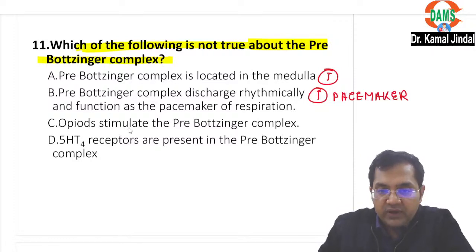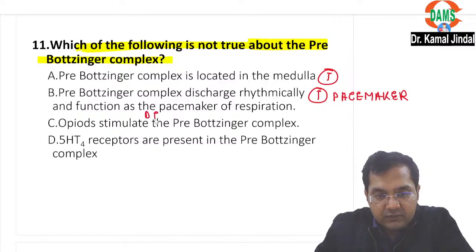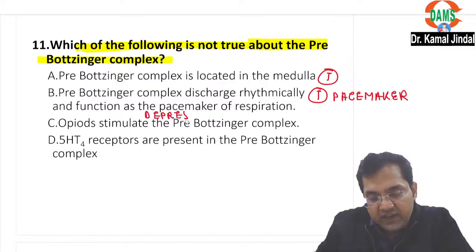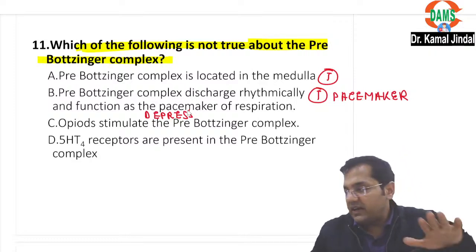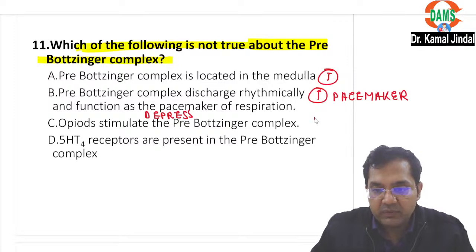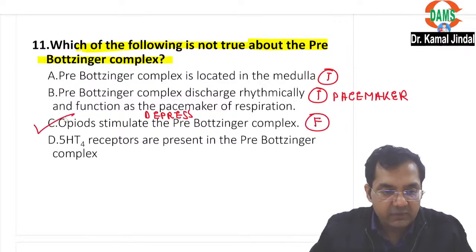Remember, opioids do not stimulate, rather opioids depress. That is why one of the side effects of opioids, when we give them for pain relief, is the depression of respiration. So they do not stimulate. This is actually false, and my answer.